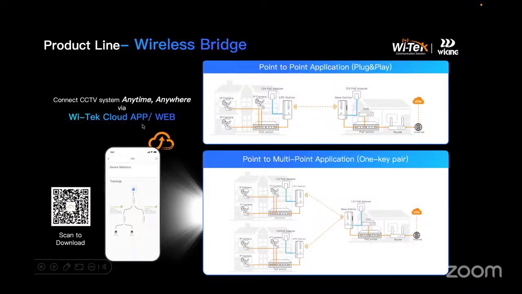We have a web cloud and an app cloud. So you can see it can connect, and it can even detect cameras and show the whole topology graph. You can see here we have our app, and you can download the app and see it. Let me show it in my demo.